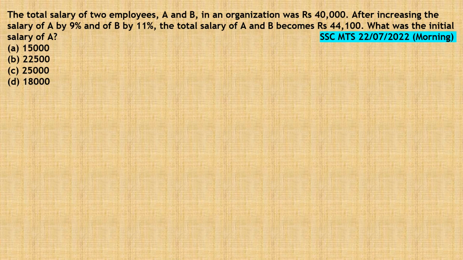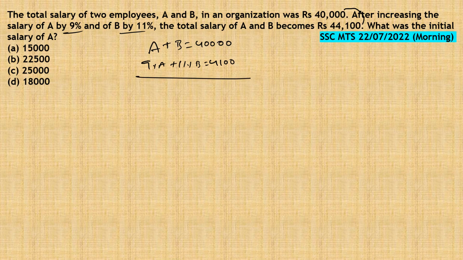The total salary of two employees A and B in an organization was 40,000. After increasing the salary of A by 9% and B by 11%, the total salary of A and B becomes 44,100. The increment in the salary is 44,100 minus 40,000, that is 4,100.